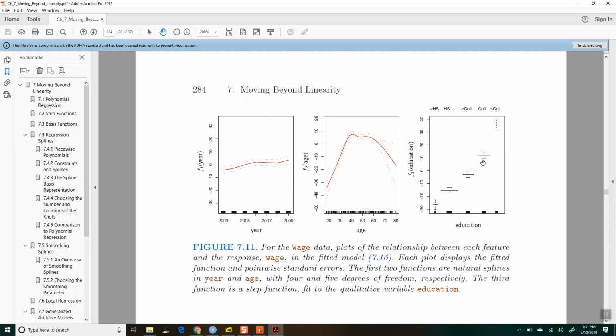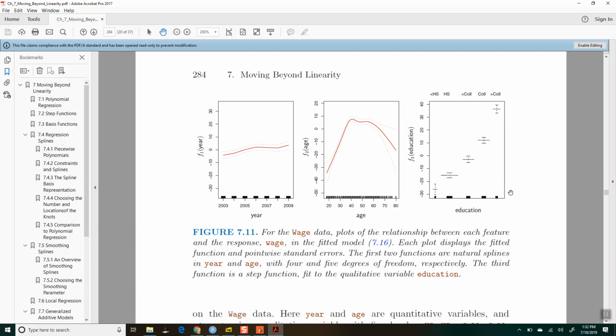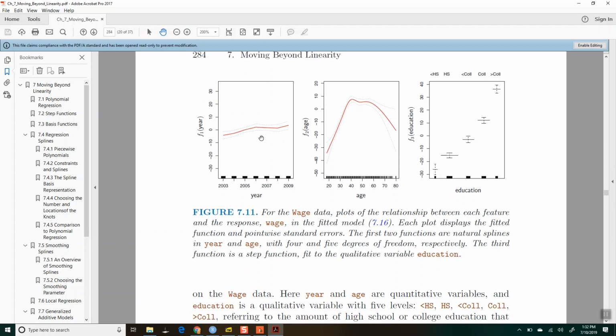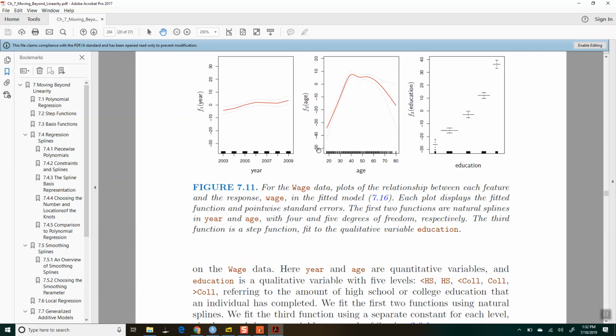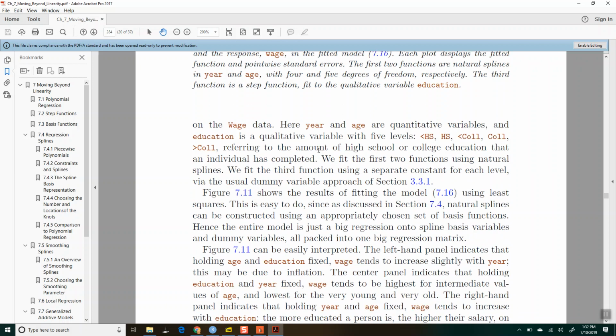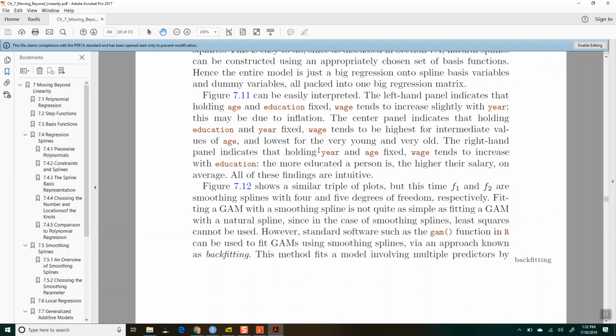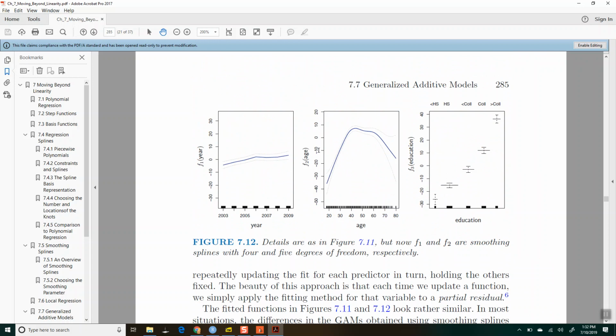Education actually is categorical, so we're probably fitting a dummy encoded thing there. And it's additive, so we just say, all right, let's add these things together.